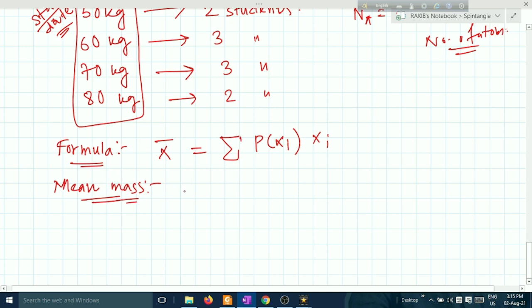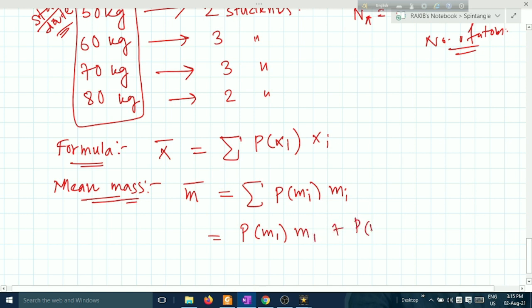Mean mass will be what? Mean mass is, you can write it like this, the sum of p of mass i times mass i. This becomes p of m1 times m1 plus p of m2 times m2 plus p of m3 times m3 plus p of m4 times m4, up to M4.